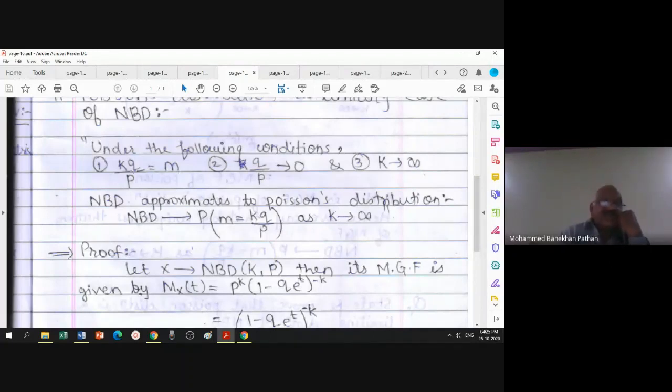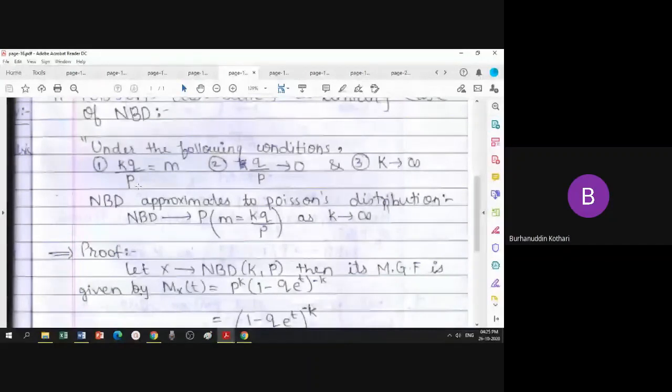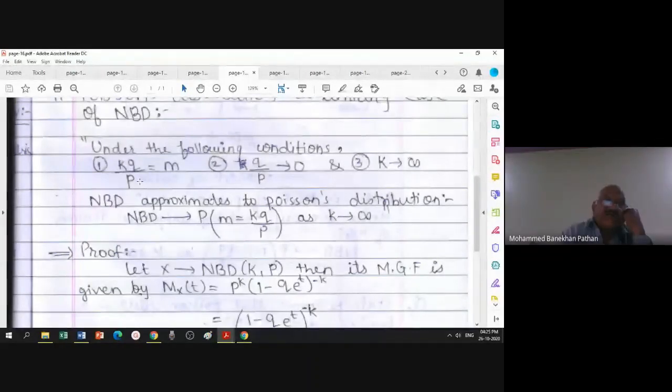Let me explain these three conditions, what they stand for. I ask everybody, kq by p, what is this for NBD? Anybody can unmute? What is kq by p? Mean, sir. Good. It is the mean of NBD.